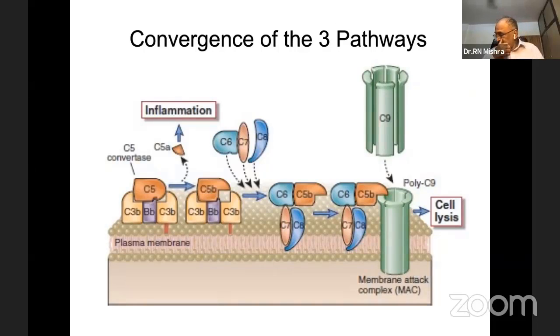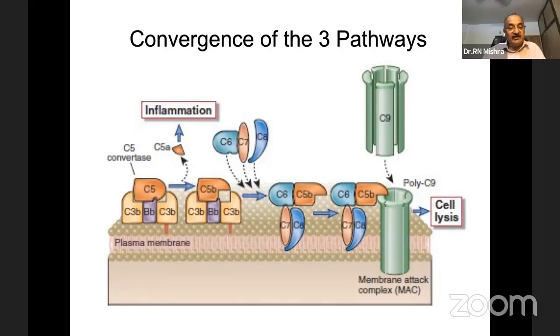lead to complement activation. Now, once this thing forms, the C3b, Bb, and C3b, that is from the alternate pathway, C5 gets activated, and C5 gets split or digested to form 2 molecules.